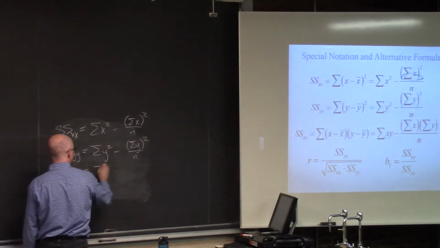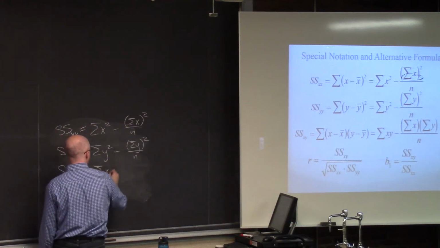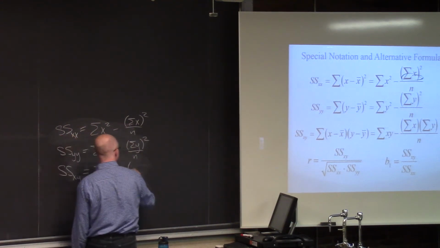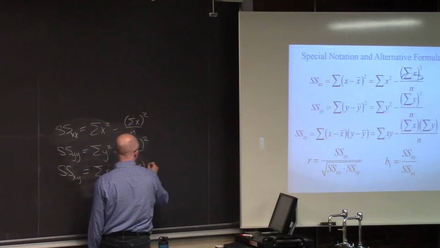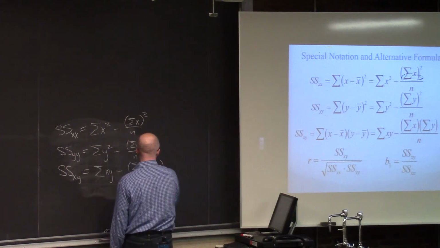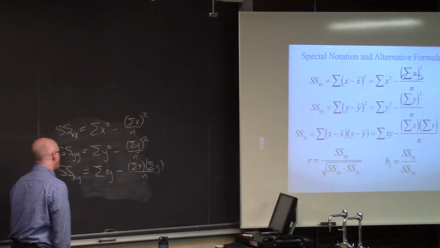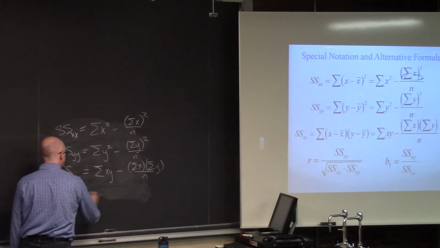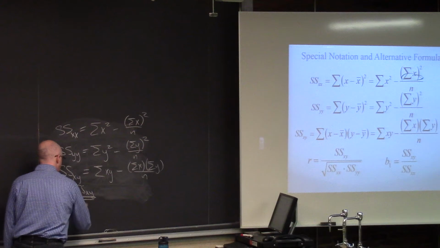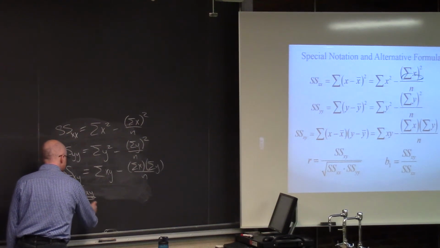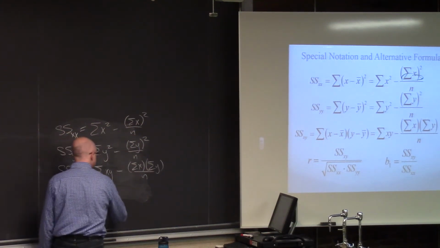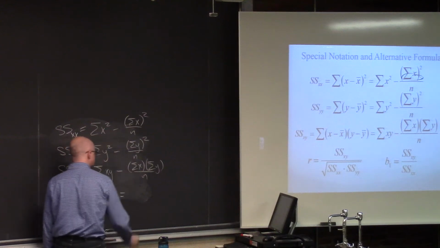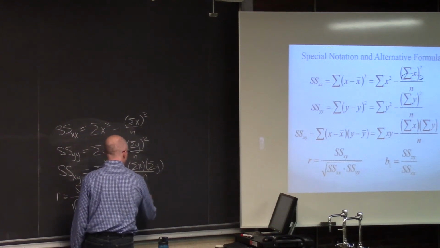SSXY, the shortcut formula, is the sum of the products x times y minus the product of the sum of the x's and the sum of the y's divided by n. Once you've got those, the correlation is SSXY divided by the square root of SSXX times SSYY, and the slope of the regression line is SSXY divided by SSXX.